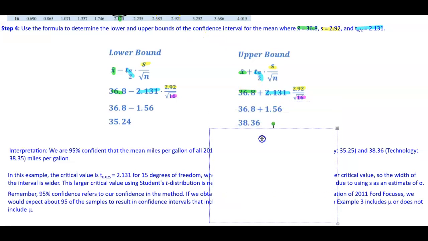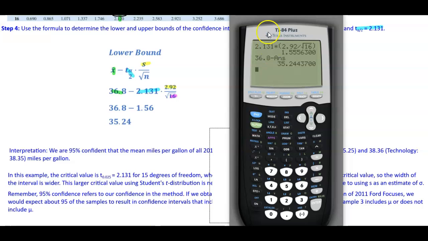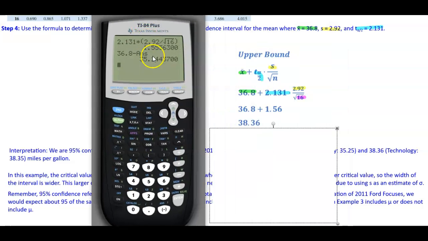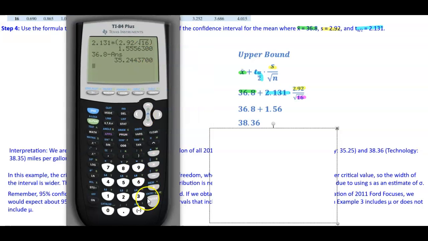So doing the same thing here, we know that when we find this result, 1.555630, now we're going to take this 36.8 and add 1.555630, and that gives us 38.35. Rounding it to 2 decimal places gives us 38.36.